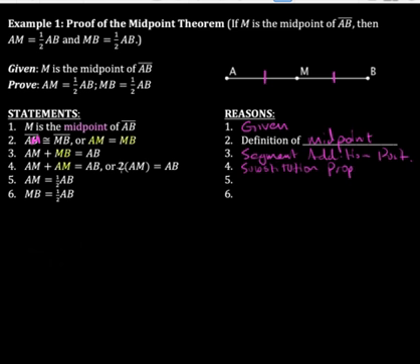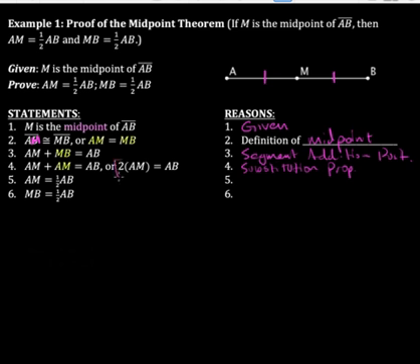Okay, so next what did we do? We took this statement, which we consolidated into 2 times AM equals AB, just a little bit of combining like terms to get from the first part of statement 4 to the second part. And then we just said that AM equals half of AB. So how do we take this 2AM and turn it into just AM, and this AB into half AB?